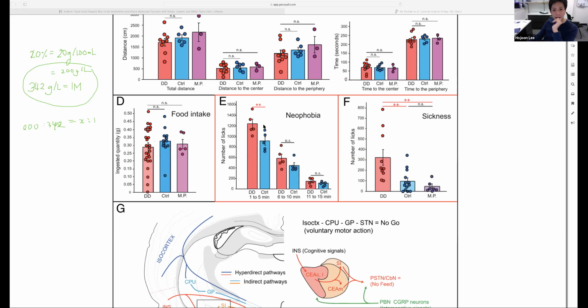And then there's this very small difference in my mind between neophobia in the neophobia condition. So when you block TAC1 neurons again in the PSTN, they're getting more licking and less neophobia.